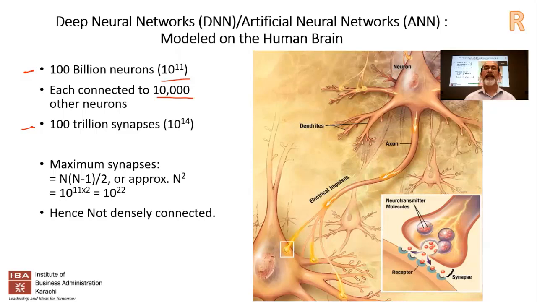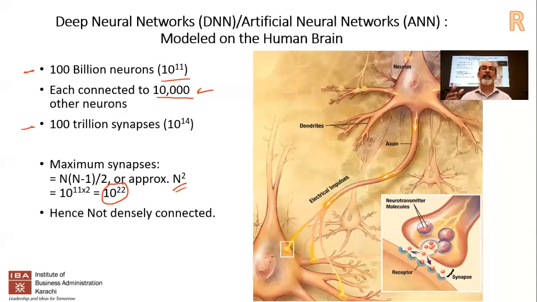If it was connected to every other neuron, it would require approximately 10 to the power 22 synapses, or connections. However, you're only connected to 10 to the power 4 other neurons. In other words, it's not dense at all.